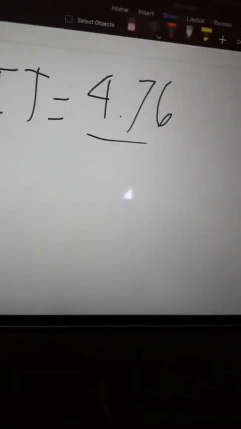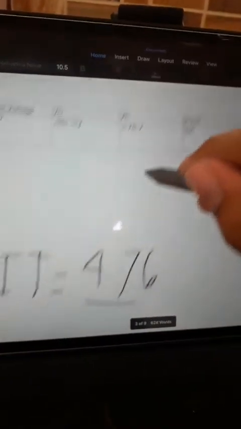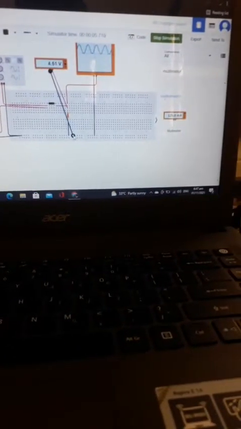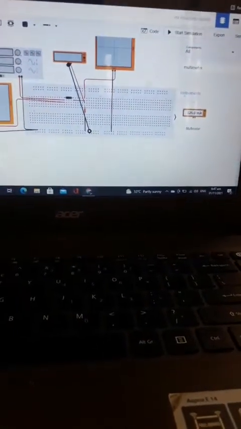And our total resistance is... wait. So we're going to measure that too. Stop simulation.